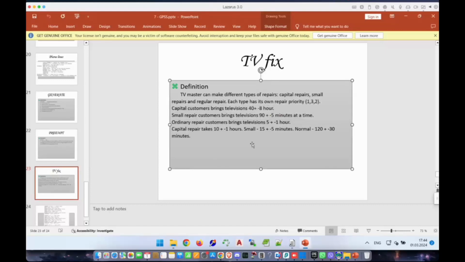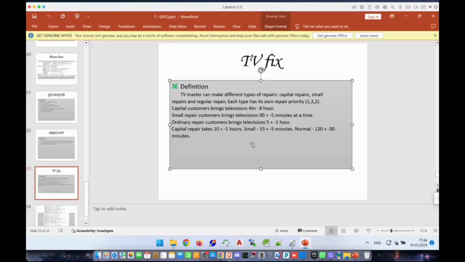Each of those repairs has its own average appearance, because the small repair televisions appear more frequently than the awful repair needed, right? And for sure, each of them takes a different amount of time to get the TV repaired. So all these factors have to be taken into account.